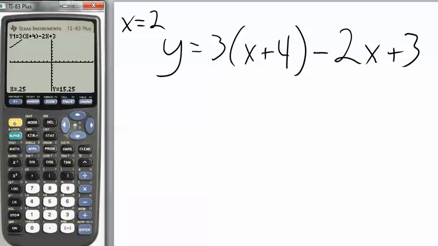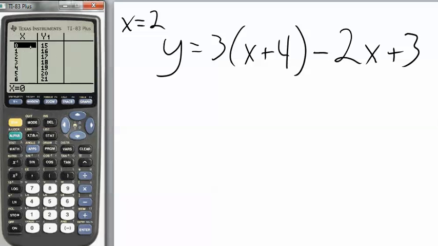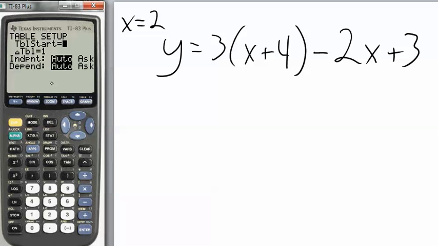If I go into the table on this one, it's not going to help me. I can't do 0.25. So I could go table set, and I could change this to every 0.25, or I could just come down here and do ask.